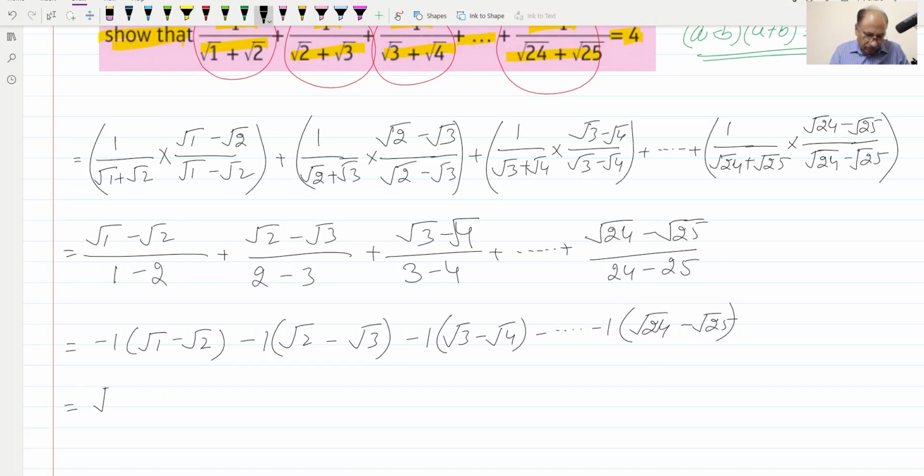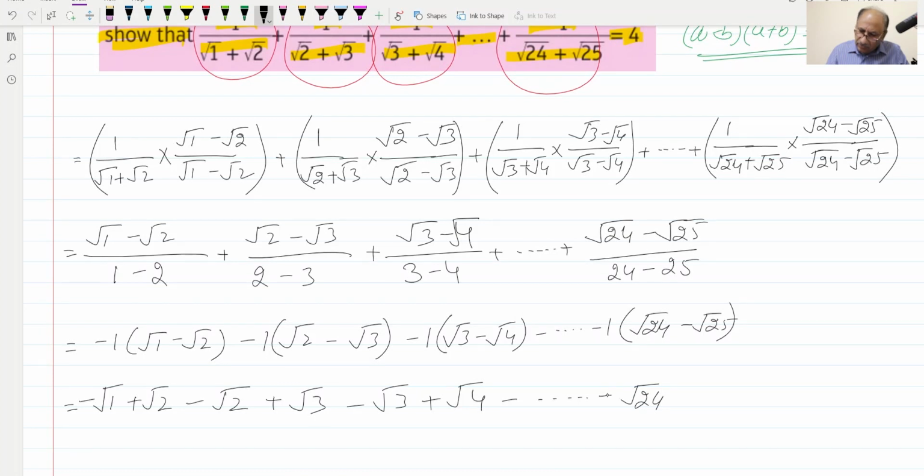So this will be under root 1 and plus under root 2, and when we open this we'll get minus under root 2, this would be minus under root 1, and plus under root 3 and minus under root 3 when we open this one, and plus under root 4 and then minus and so on, and next will be minus under root 24.